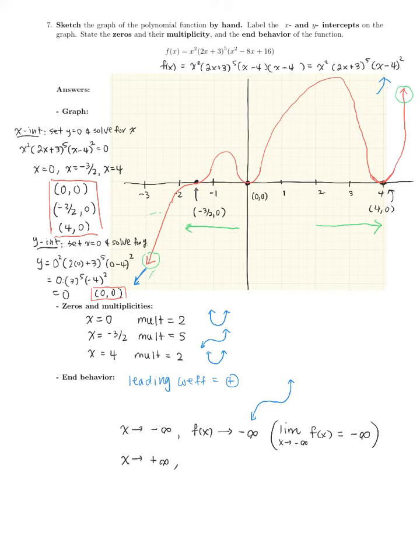So as x goes to positive infinity, in this case, our f of x will also go to positive infinity. Now, those of you, again, who are interested in taking calculus, will write this expression as the limit as x goes to positive infinity of f of x, this is going to go to positive infinity. But again, you don't have to write that. Just give me this, and I will be super happy.